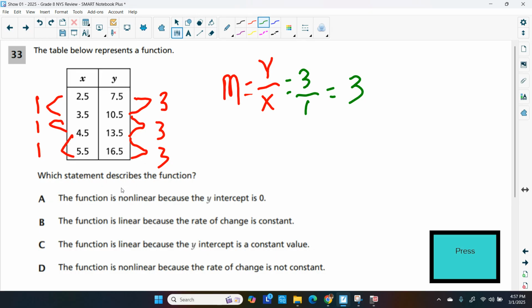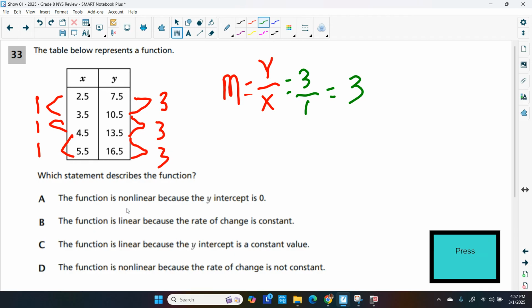But they ask you to describe the function. Well, if you have a slope, it's going to be linear. So they want to know when you graph this, this is going to be a line because of the slope we got.